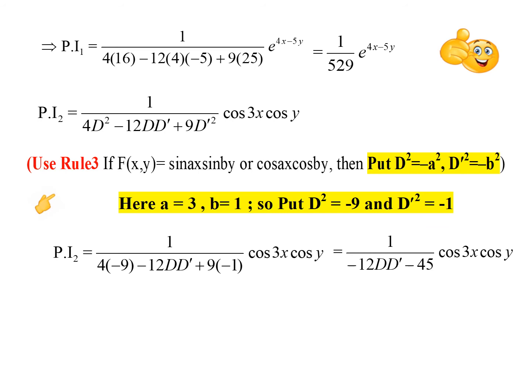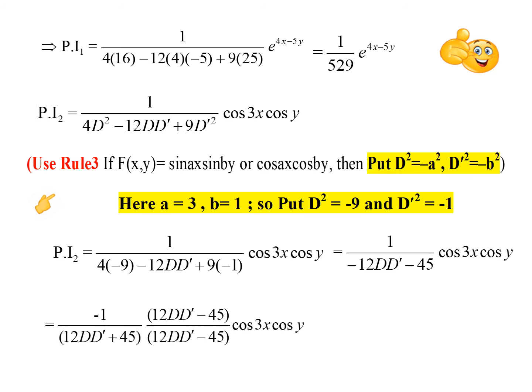So look at this term. This is not the answer. Why? Still the operators are pending. D and D dash are all operators, but we need to remove the operator. So what should we do? Do you get any idea? Yes, we are multiplying and dividing by 12 D dash minus 45.